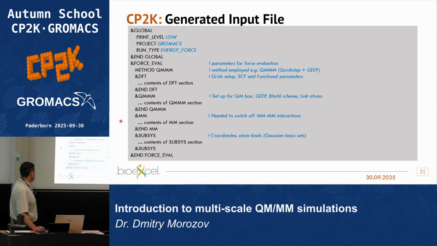In the MM section, what is done is that it switches off all interactions between MM point charges, for a very simple reason: this is calculated by GROMACS, so CP2K does not need to calculate this. By default it will, but you need to switch it off. That's why it's switching it off. And here are the Gaussian basis sets and atoms. Also here it links to the PDB file with initial coordinates for your system.